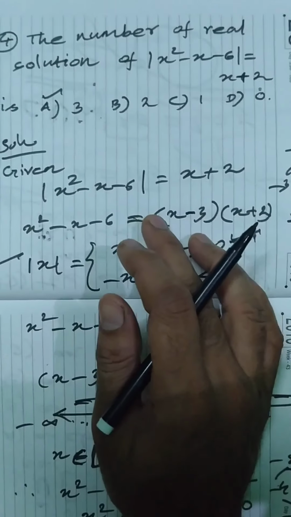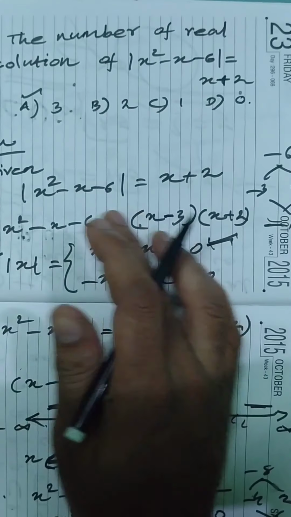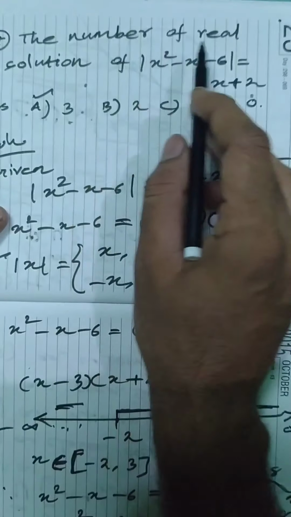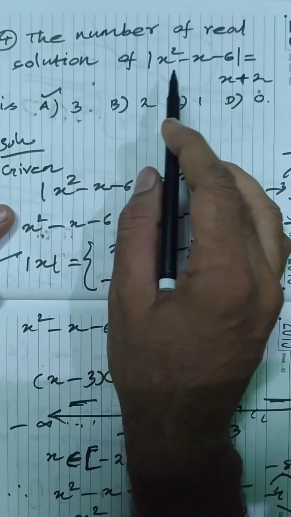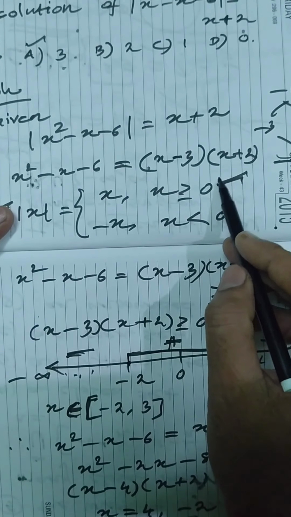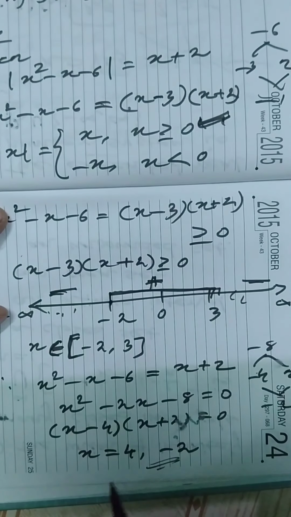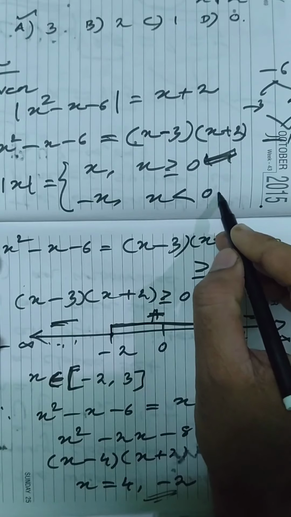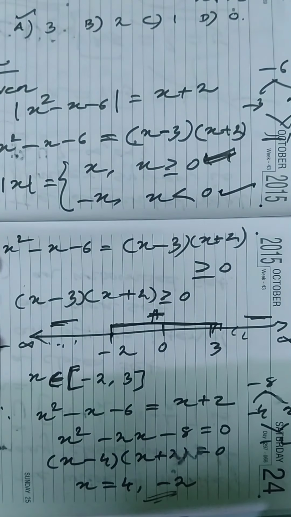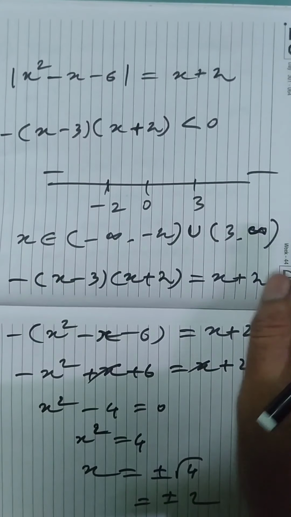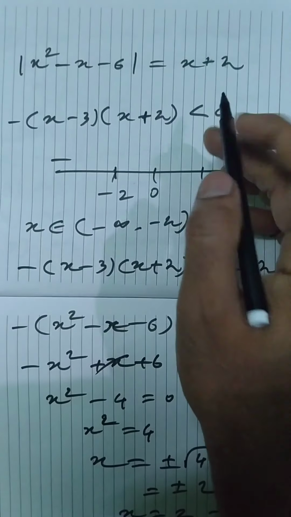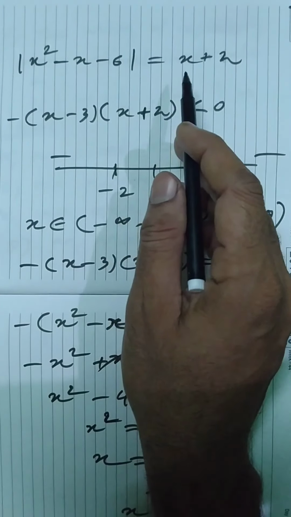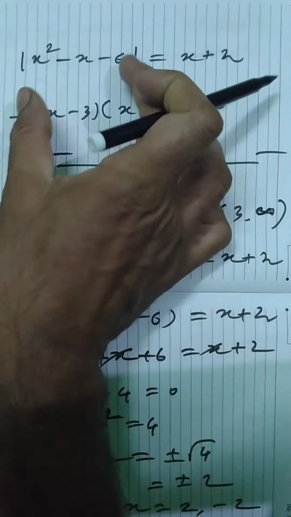Actually what the question is asking is the number of real solutions. Now in the first case we get the 2 real solutions, the remaining one. So we have to now discuss about this one. Now the negative, when x is negative, that is the modulus.